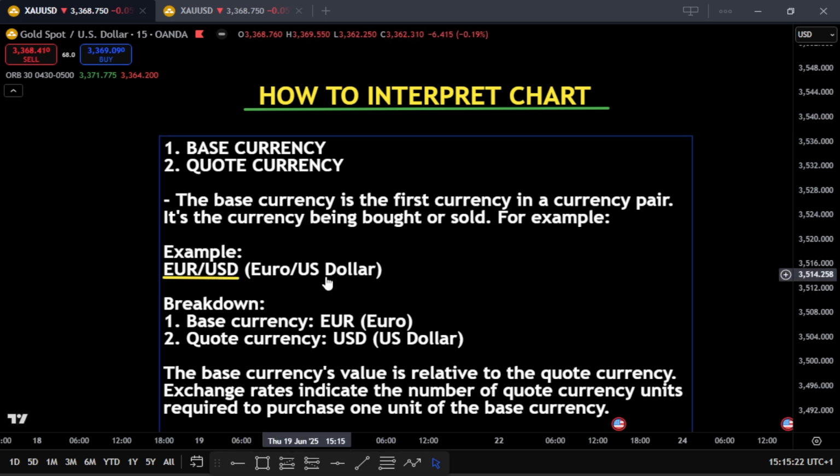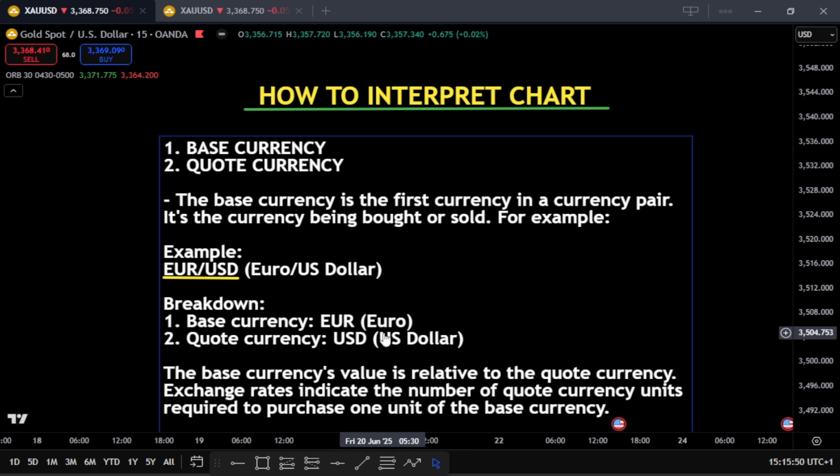And the next currency, which is the US dollar, is called the quote currency. Are we together? So the base currency is the first currency that starts the name, and the quote currency is the last currency that ends the name. So for the Euro USD pair, the base currency is euro, while the quote currency is dollar.